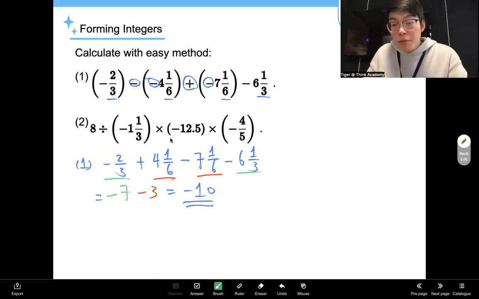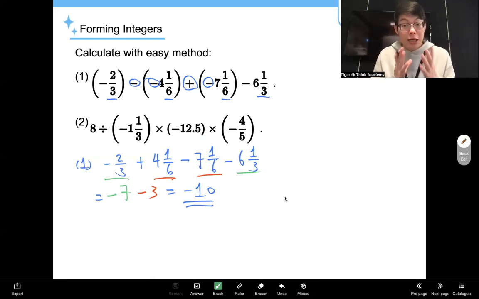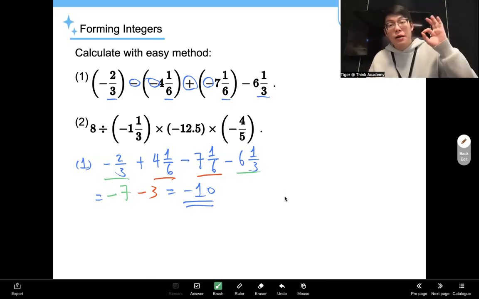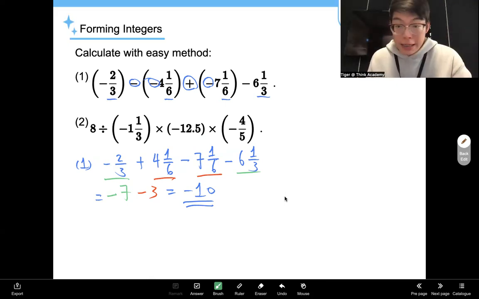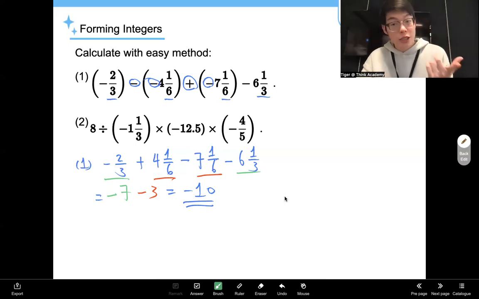So for the multiplication and division, if I have an even number of minus signs, it's going to be positive. If I have an odd number of minus signs there, it's going to be negative, right? I mean, multiplying or dividing in a row, which is exactly what question 2 is doing right there.